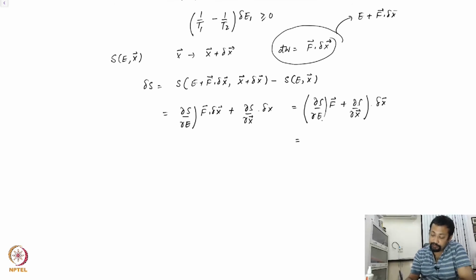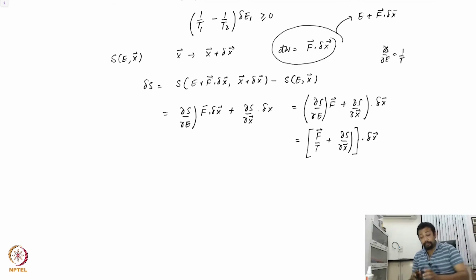which we have just now seen that del S del E is equal to 1 by T, is F by T plus del S del x dot, right? Now therefore, look at this expression of delta S. A spontaneous change is going to occur if this expression in the bracket is non-zero, right?